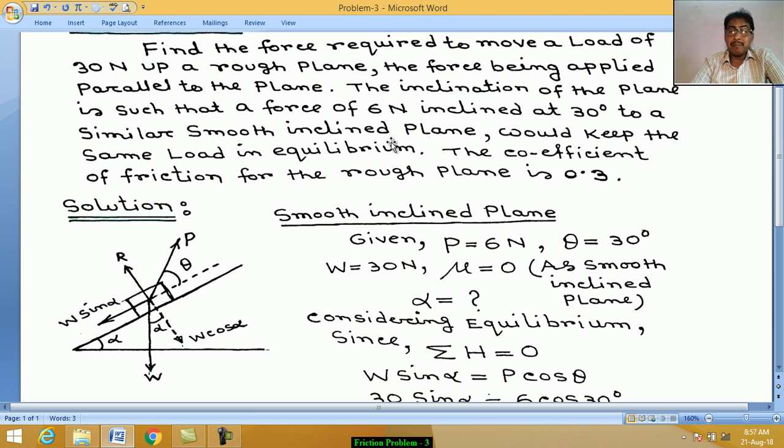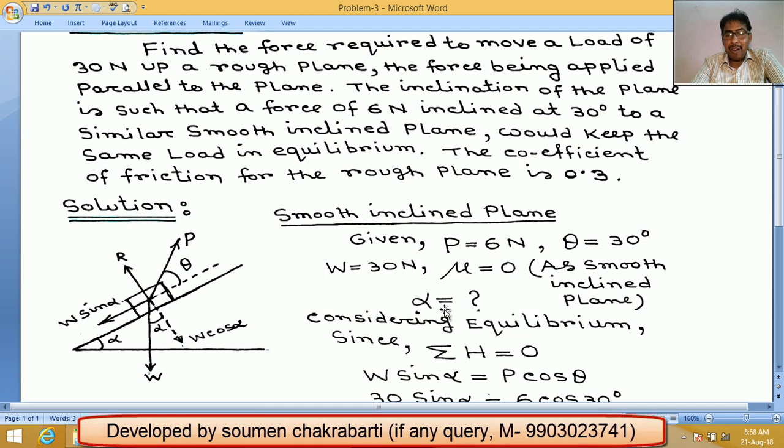Theta is 30, this is theta. Mu equal to 0 as smooth inclined plane. Alpha we find out.